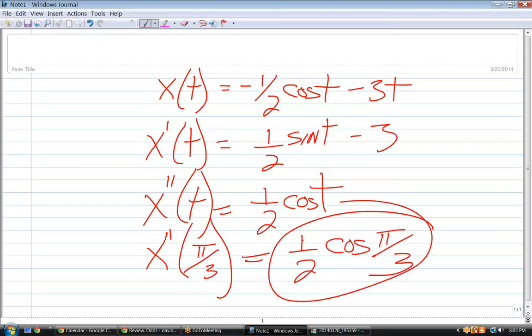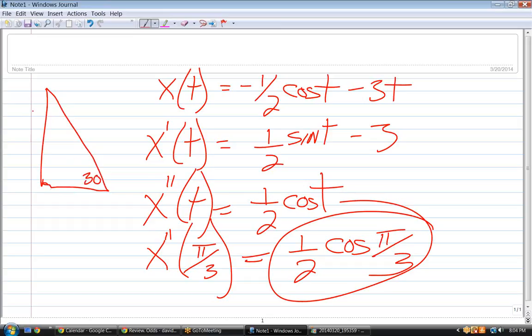What's that equal to? Cosine of pi over 3 is what again? Is that a half? Oh, it's a half, so then it'd just be 1/2 times 1/2. Yeah, so 1/4.